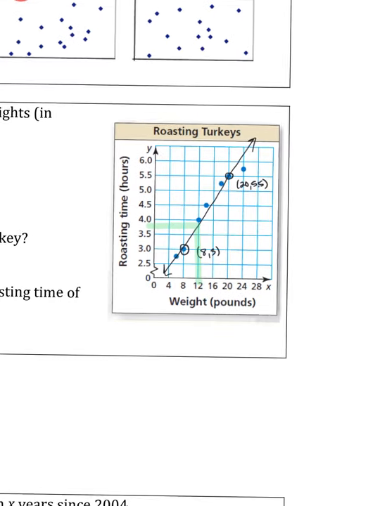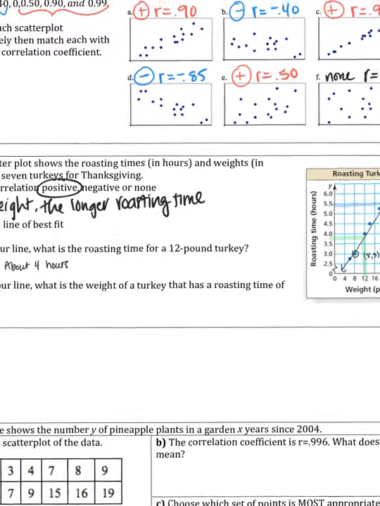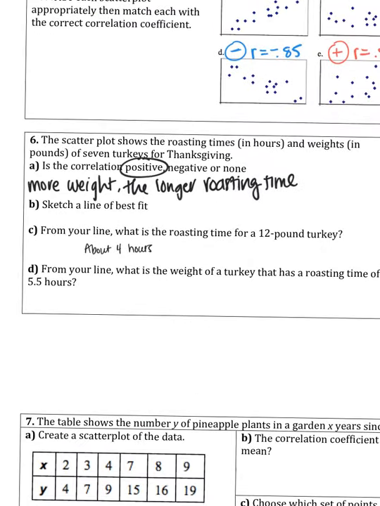We can say for 5.5 hours, our turkey weighed about 20 pounds. And again, these are all estimates. We're using our line of best fit. We aren't even calculating. We're just looking at the graph to make a good informed decision. So about 20 pounds.